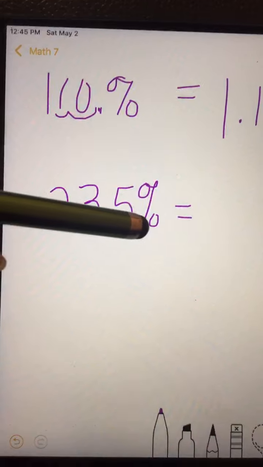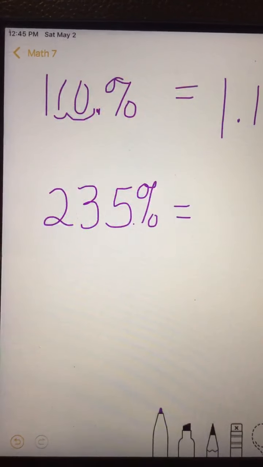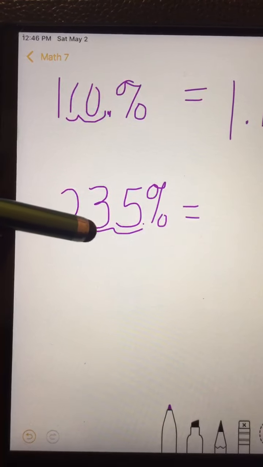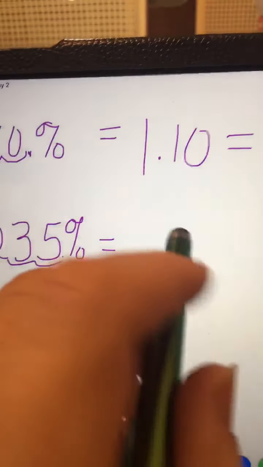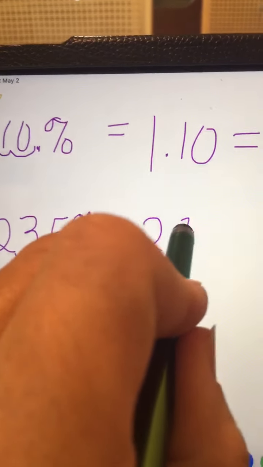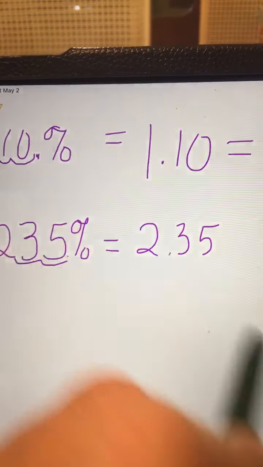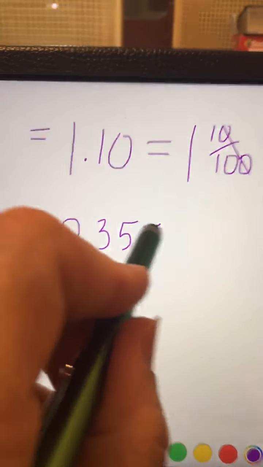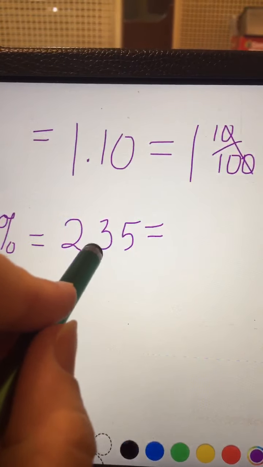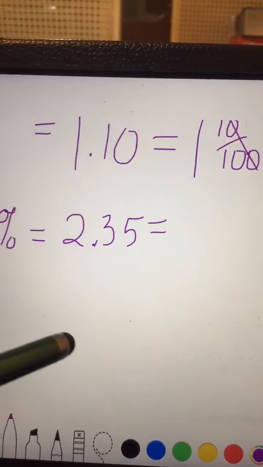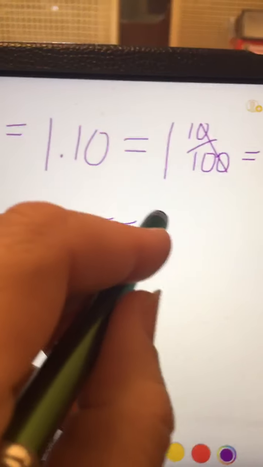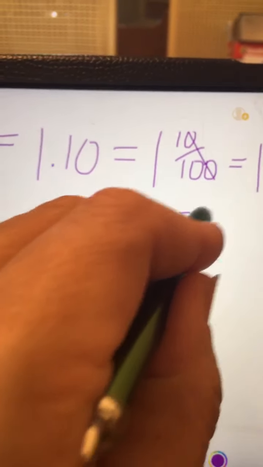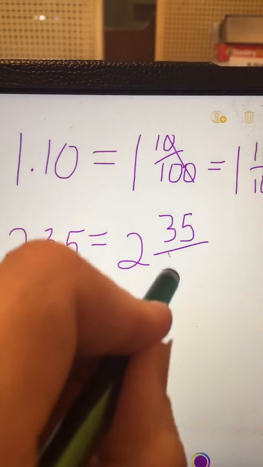Well, you just simply get your decimal point at the end there, move it 2 places to the left, and then you should have 2.35. And that equals, remember this is 2 and 35, how do we say that? 100ths. So 2 and 35 100ths.